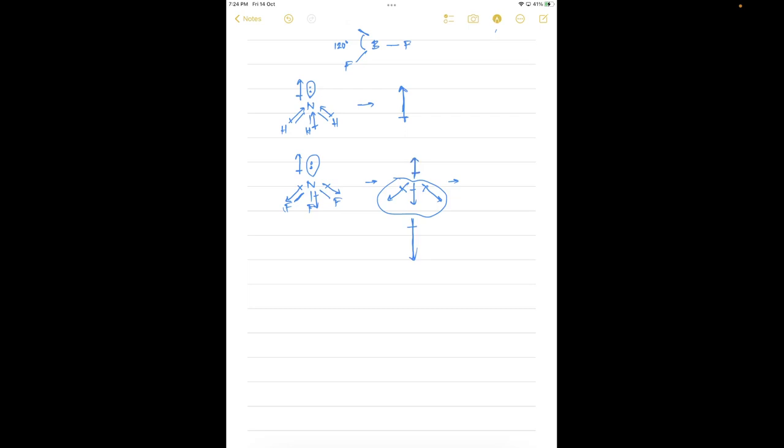So the resultant of these two dipole vectors will look like this, but the magnitude will be small compared to that of NH3.